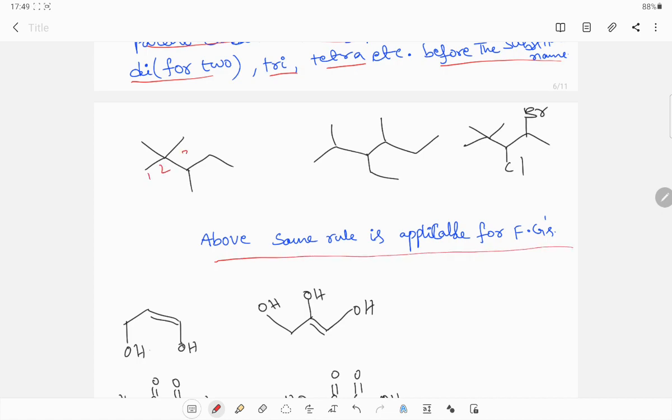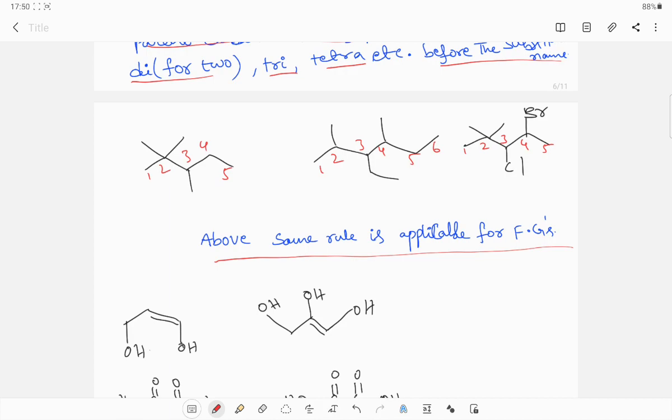Now 1, 2, 3, 4, 5. 1, 2, 3, 4, 5, 6. Then next one, 1, 2, 3, 4, 5. See why I am giving numbering from this side. This bromine and chlorine are not functional groups.